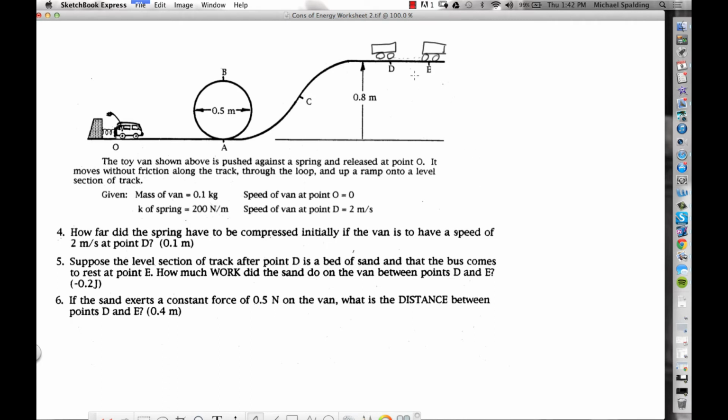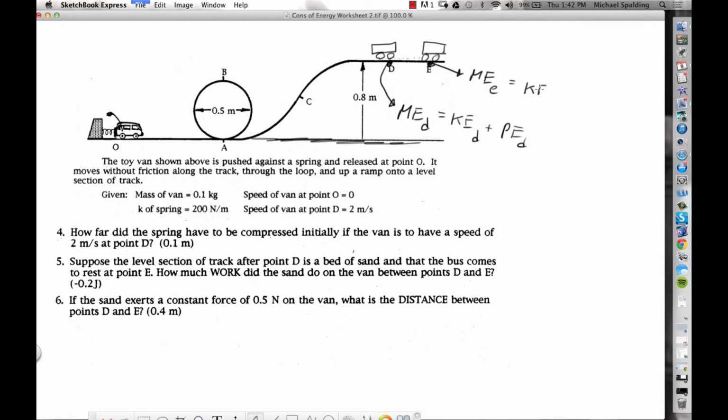So look, guys, what type of mechanical energy does the van have at point D? The mechanical energy at point D is equal to what? It's got kinetic, so we'll call that kinetic at D. Does it have potential? Yep. Well, because where did they tell us the 0 point was earlier? The 0 point's down here, so we'll just say plus potential at D. Okay, what are the mechanical energies at point E?